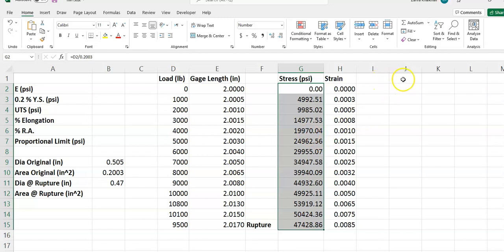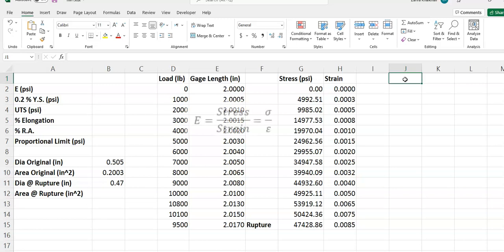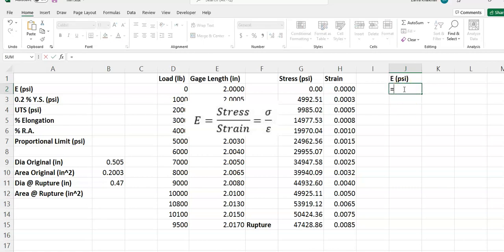And now in this column I'm going to calculate elastic modulus. So remember from Hooke's law, elastic modulus is equal to stress divided by strain. And as strain is dimensionless, elastic modulus would also be in PSI units. So let's add the equation here.